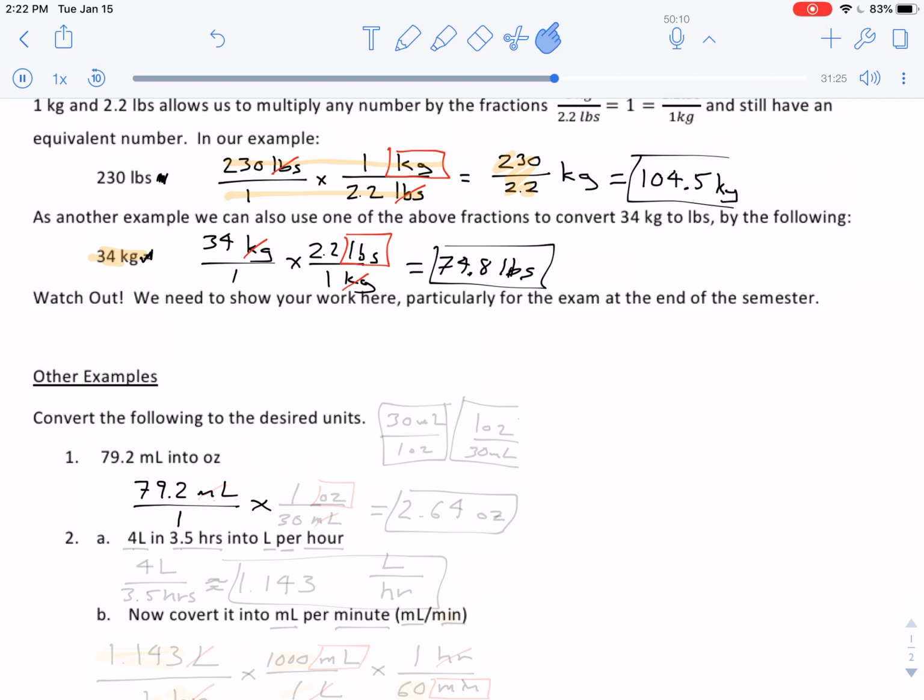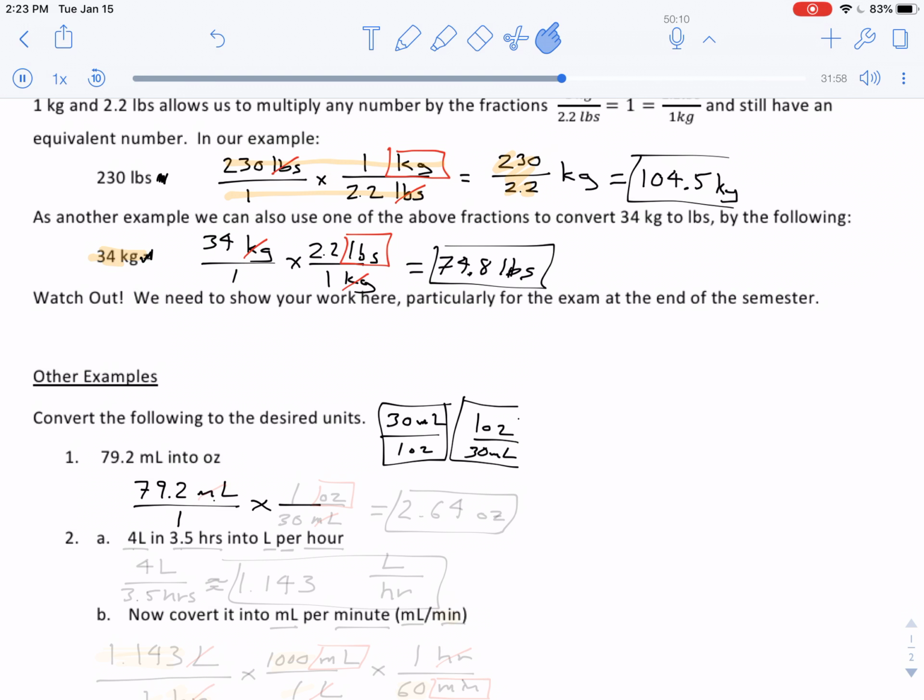I'm going to multiply it by another fraction, my 30 milliliters in 1 ounce. So I either have 30 milliliters over 1 ounce, or I can use 1 ounce over 30 milliliters. And these should be the cards you have. There's one side, there's the other side. So I have to choose which one I want.